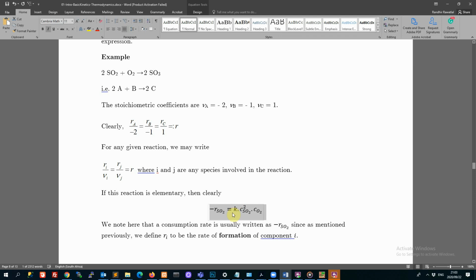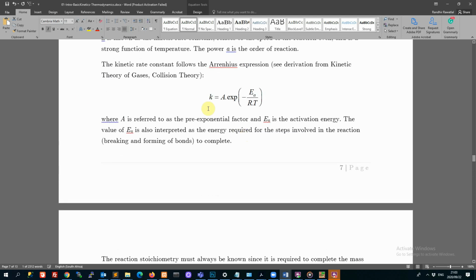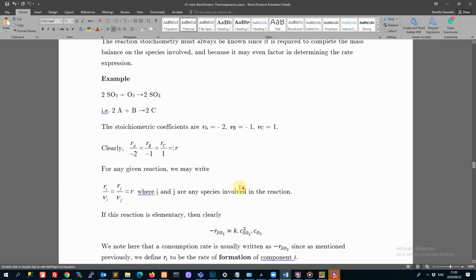So we know we can calculate k because we introduced it here. The kinetic rate constant we can look up for a given reaction. We can look up the factors A and E_A. We can specify a temperature, and this is nothing but the universal gas constant. So we can get numbers for all these parameters, and so we can calculate a number for k.